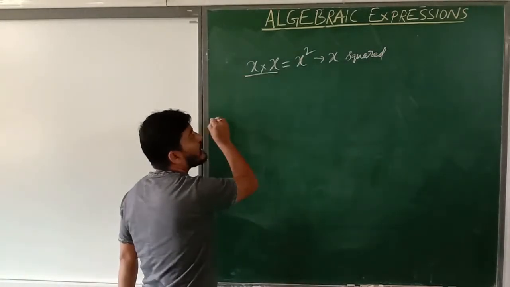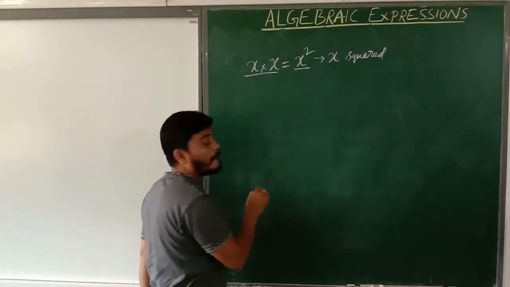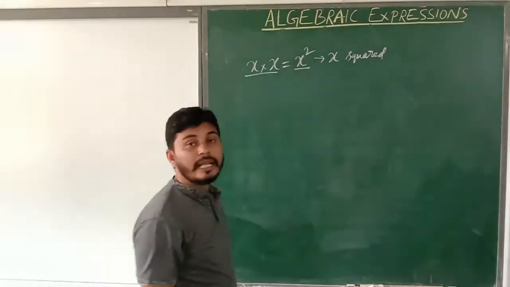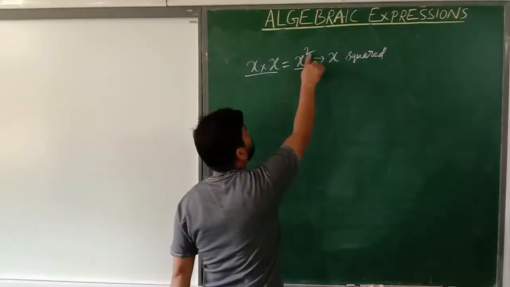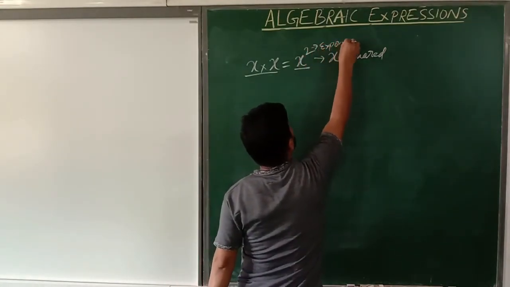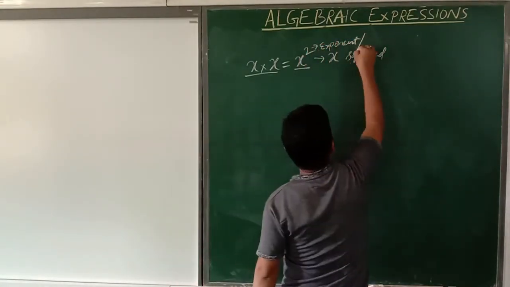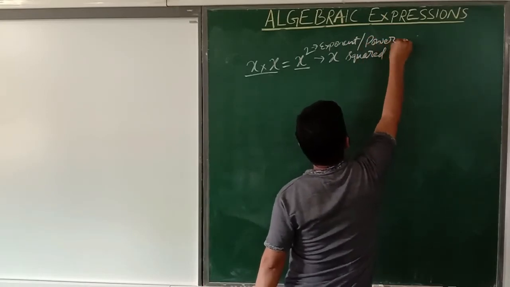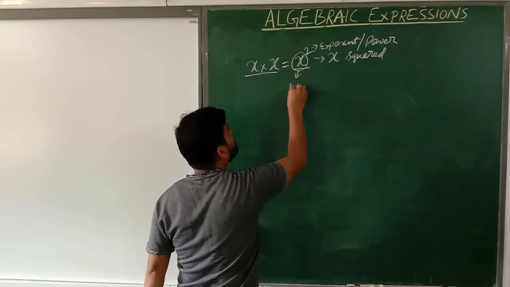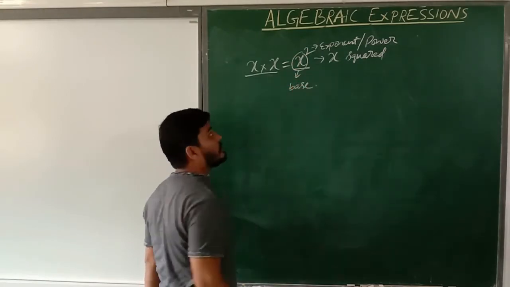This is product form and this is exponential form, because it is written with an exponent, or power, and this x is called the base.